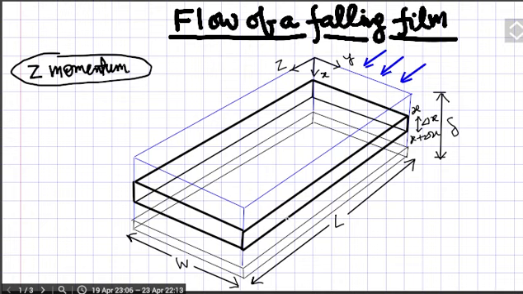And after that we analyzed in what ways the Z momentum can be transferred into the fluid of this system. So as a summary, I would like to tell you the steps in these types of problems. First you decide on a suitable coordinate system, and after that you decide on a thin cell.